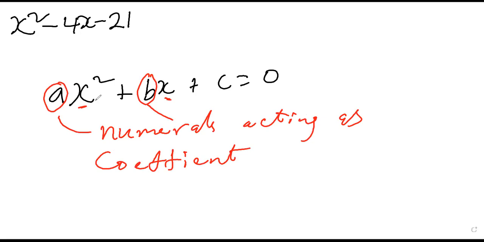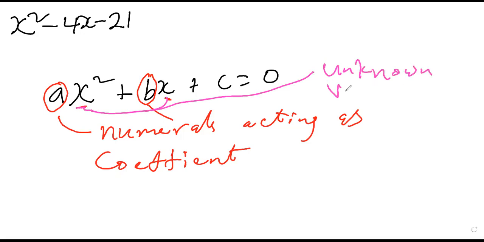I'm gonna use another color. The s right there, they are the unknown variable. Okay. So if you have watched my previous class, I mentioned this, but I did not buttress it to this extent.